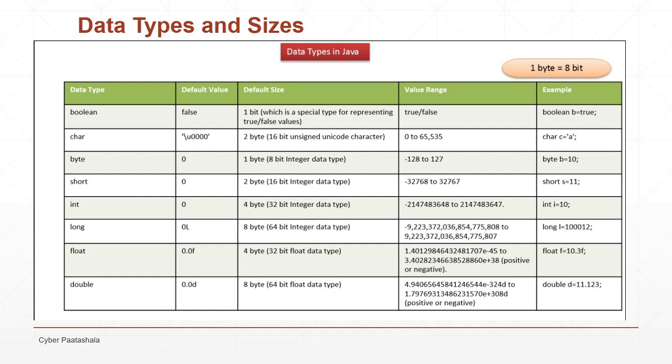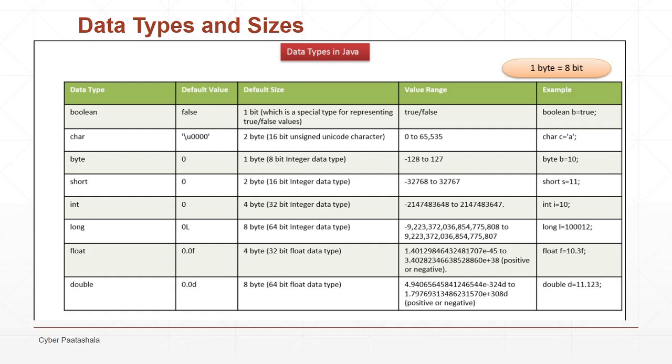Float. We usually use the float data type to declare decimal numbers like 3.142, 26.2. These kinds of decimal values we can declare using a float data type, and the default value for the float data type is 0.0f, f for float, and the default size for float is 4 bytes, and the value range you can see here. So let's see an example.